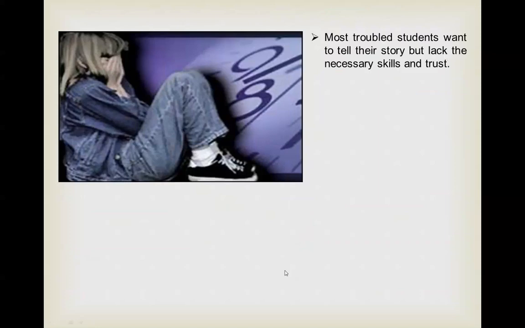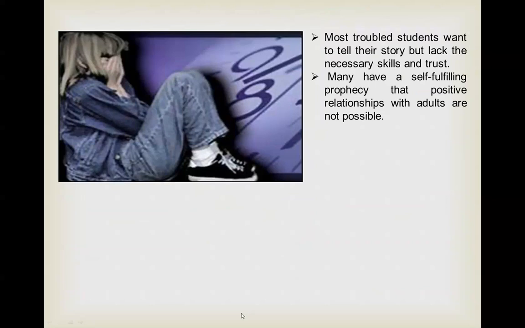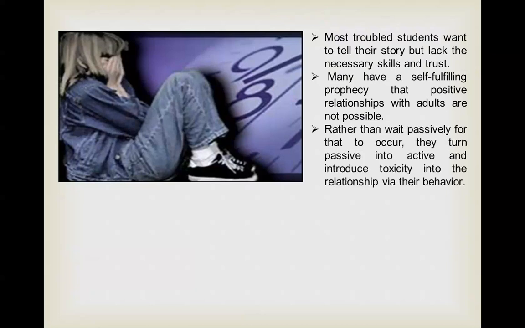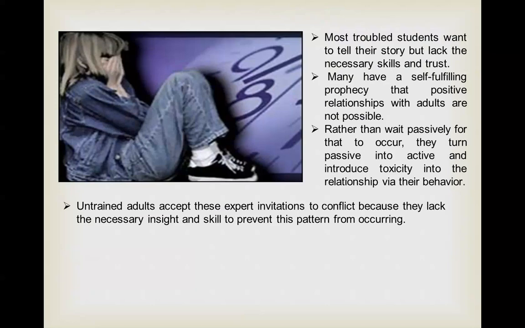So most troubled students want to tell their story but lack the necessary skills and trust. They have this self-fulfilling prophecy that positive relationships with the adults are not possible. Rather than wait passively for that to occur, they turn passive into active and introduce toxicity into the relationship via their behavior. Untrained adults accept these expert invitations to conflict because they lack the necessary insight and skill to prevent this pattern from occurring.